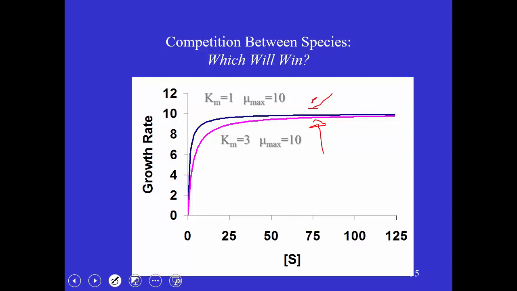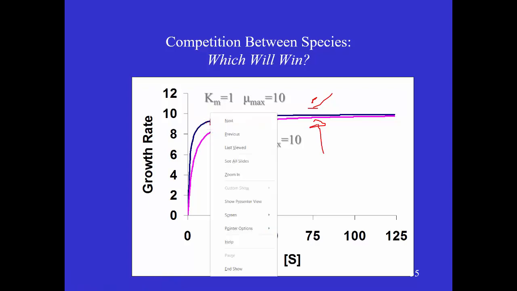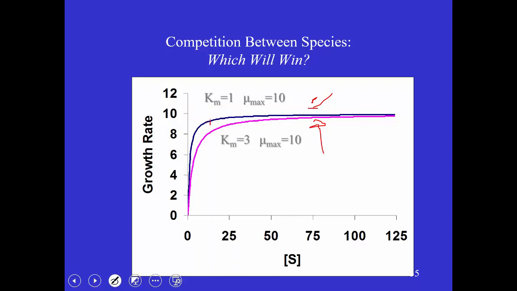Well, obviously the one that's higher up. And so the black one here, or dark blue, will certainly win in this case, where the nutrient concentrations are relatively low, and it has a lower half saturation constant. So it's going to win pretty much all here.